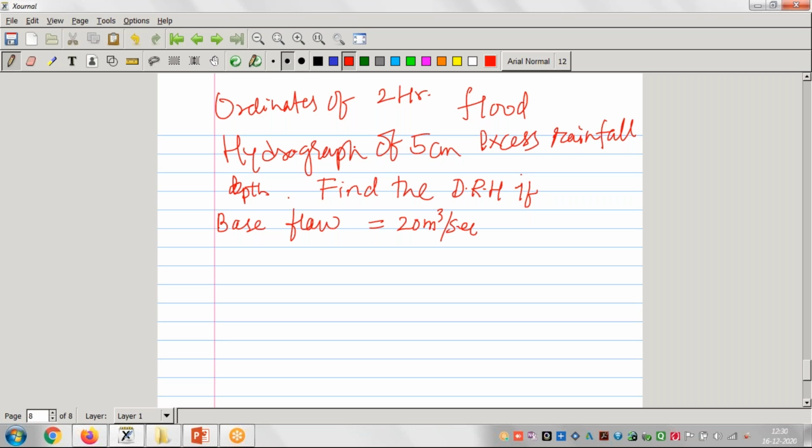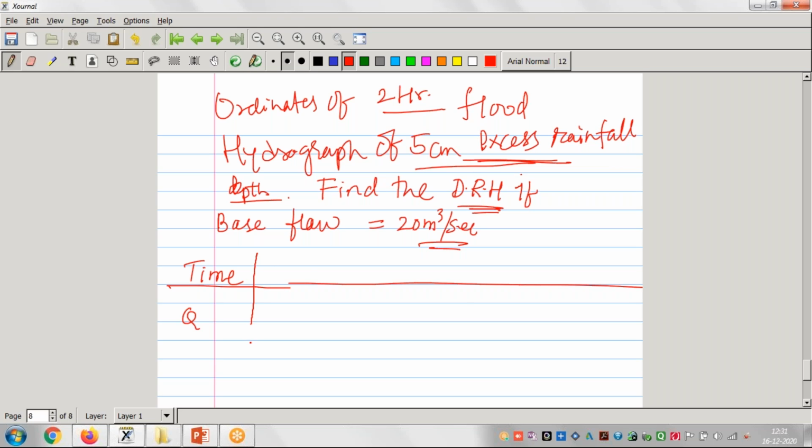So what is it saying? The ordinates of the 2-hour flood hydrograph of 5 centimeter excess rainfall depth are given. Find the direct runoff hydrograph if the base flow is 20 meter cube per second. And they have given the time and the discharge Q, right?